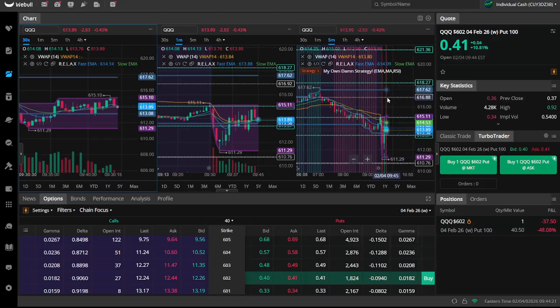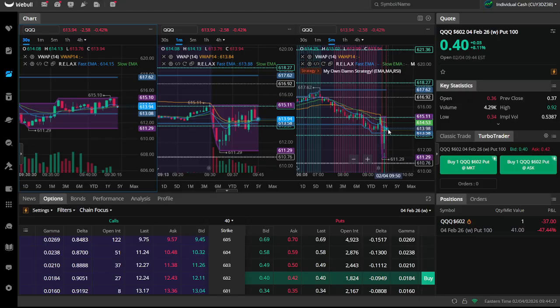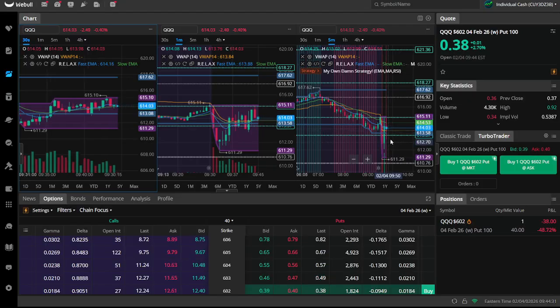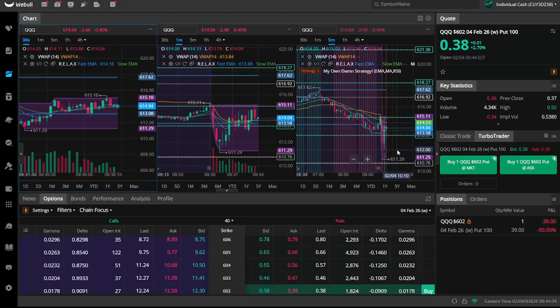Let's see if I get a couple more red backgrounds here, which will indicate that the price is below the 9 period EMA and the 9 period EMA is down below the 21, which would indicate overall a downtrend.